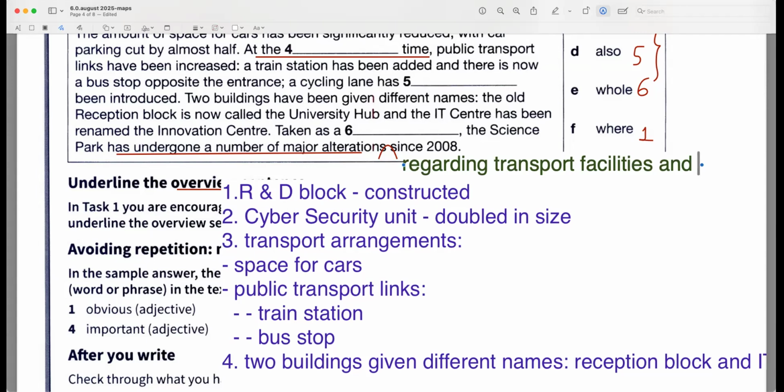Cái đó vẫn cũ nhỉ. Rồi mình có hai cái được đổi tên thành là University Hub và Innovation Center. Thì mình thấy điểm chung của những cái này là chỉ ở giữa Research and Development Block và Innovation Center. Thế là đương nhiên là facilities, nhưng mà facilities này về cái gì?